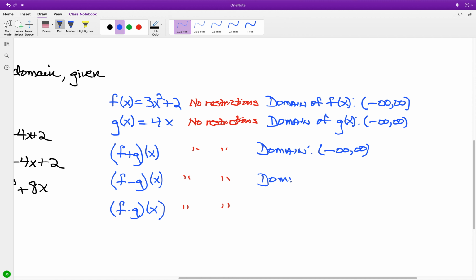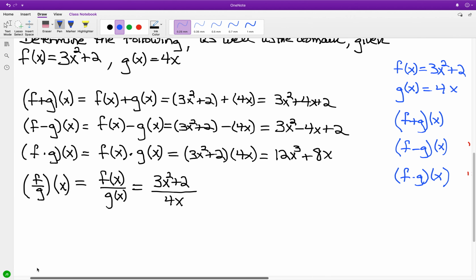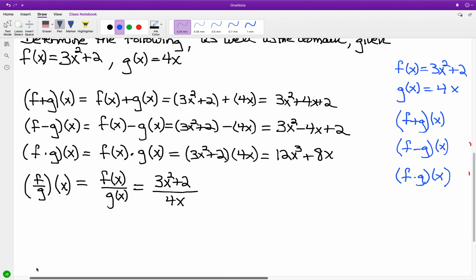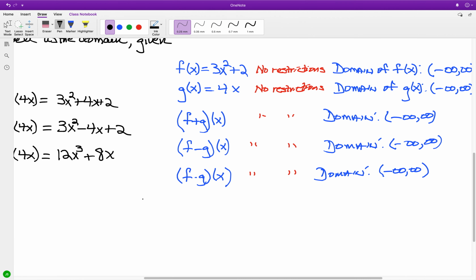Now, it is with the quotient function that we can have this be pretty much the odd man out, and this is exactly what arises in this particular situation. While the sum, difference, and product functions will not have any restrictions on the variable x, for the quotient function, we had earlier determined that f over g of x is equal to 3x squared plus 2 over 4x.